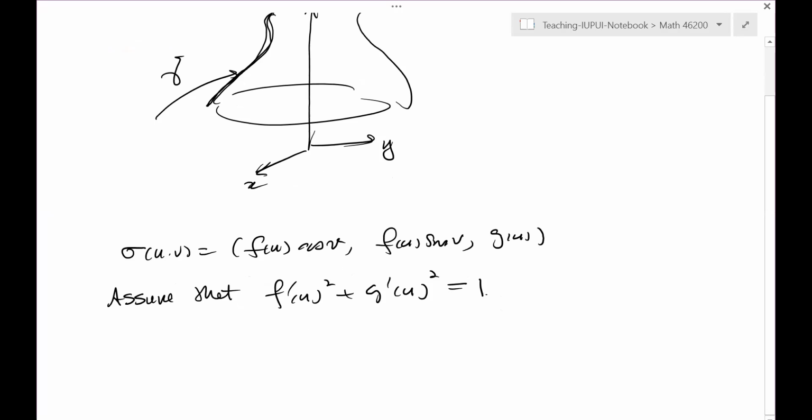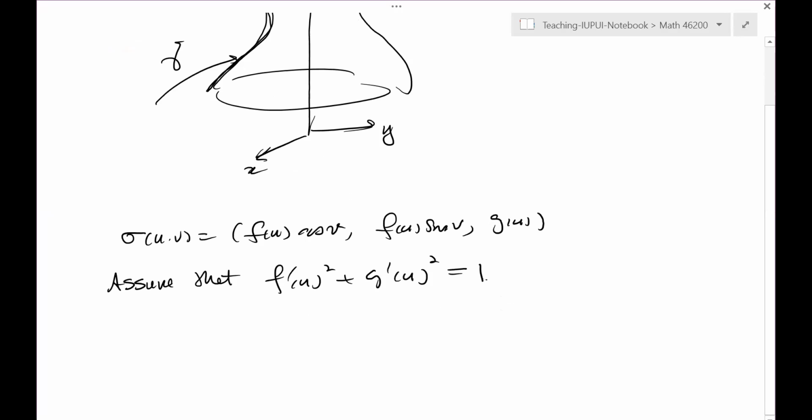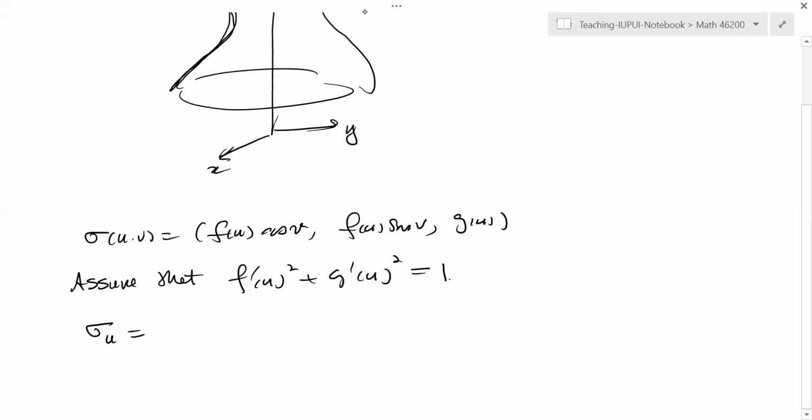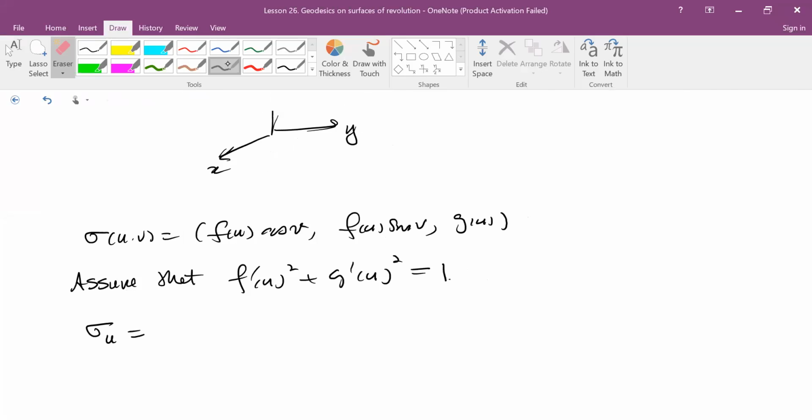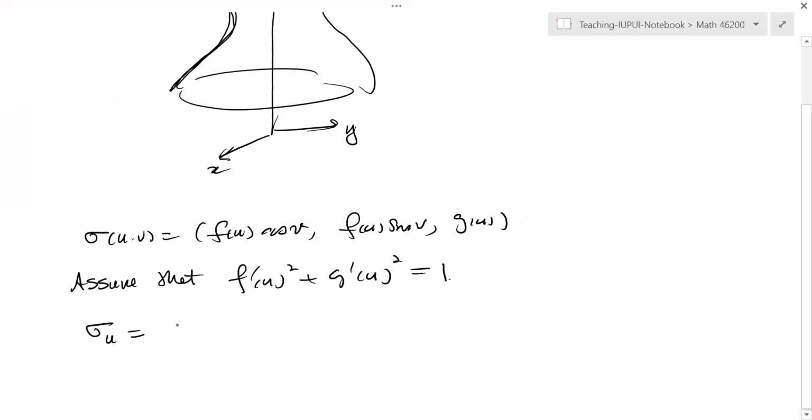That means if you look at the partial derivative of this, what do you see? That is going to be f prime u cosine v, f prime u sine v, and g prime u.